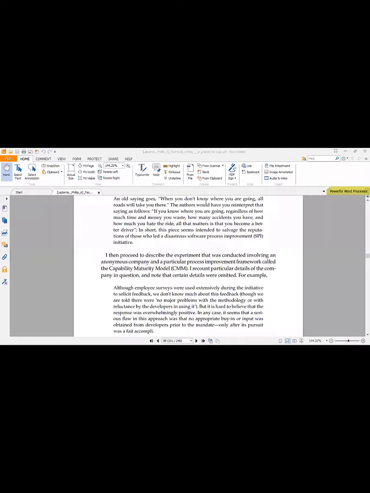The authors would have you interpret that saying as follows: if you know where you are going, regardless of how much time and money you waste, how many accidents you have, and how much you hate the ride, all that matters is that you become a better driver.